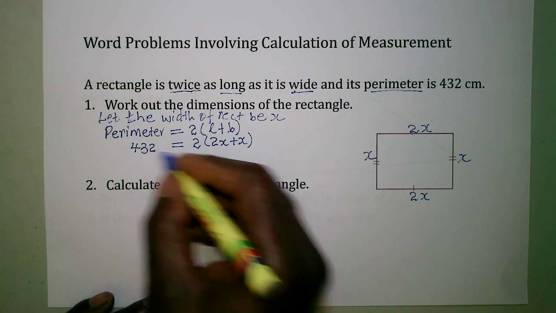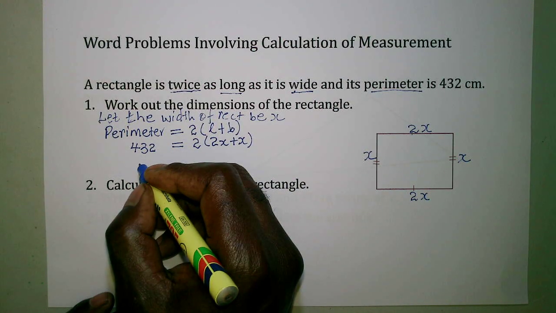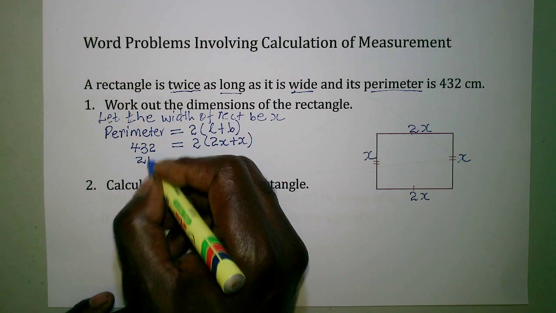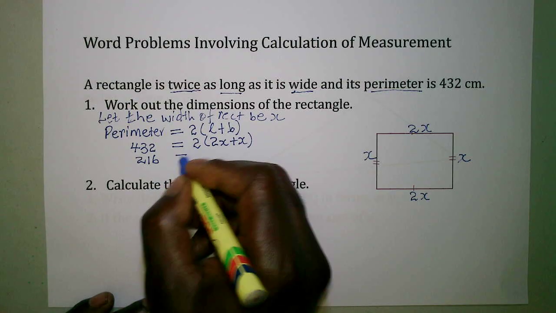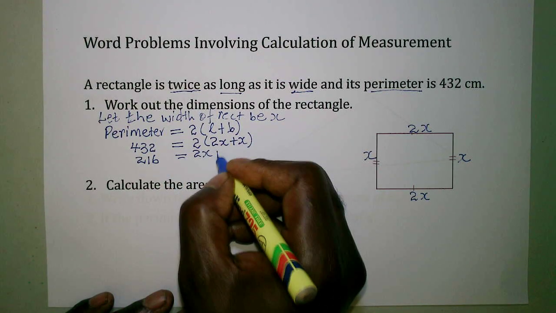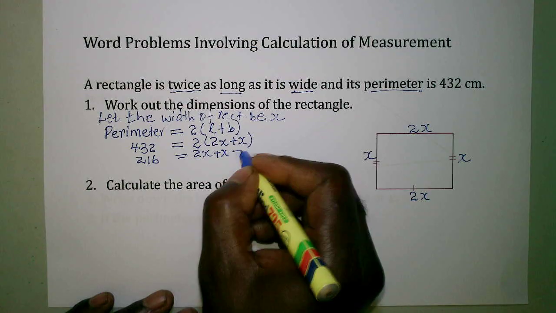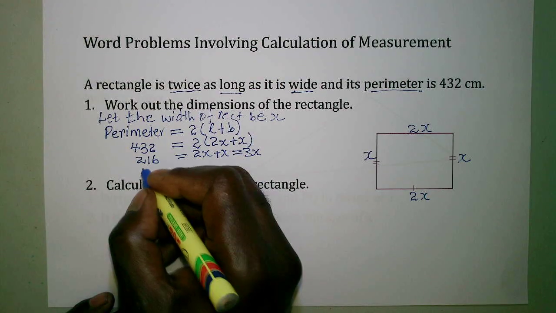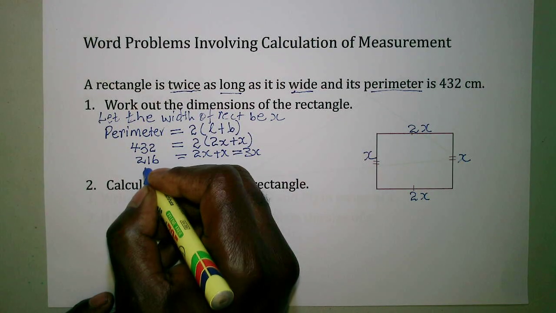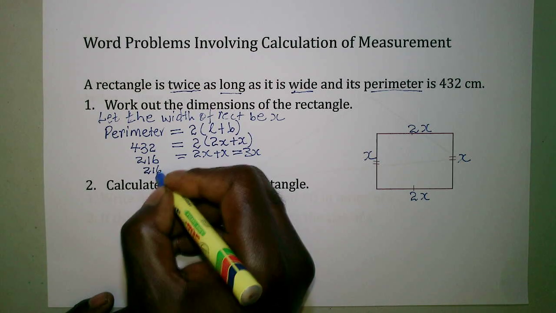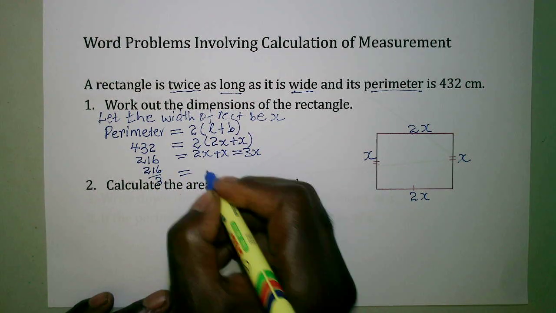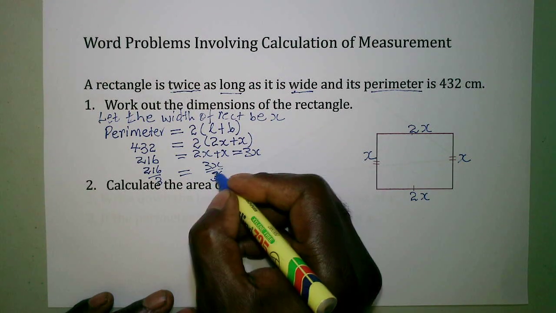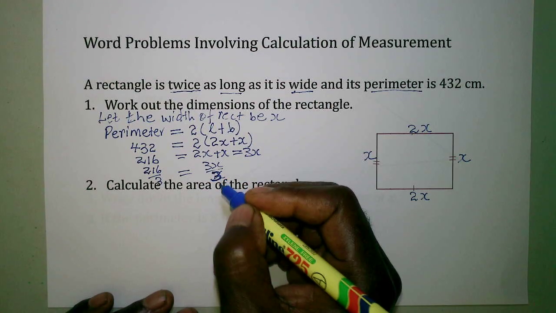Okay, so we can divide both sides by 2. We are going to get 216 equated to 2x plus x, which will eventually be 3x. Okay, so we divide both sides by 3.